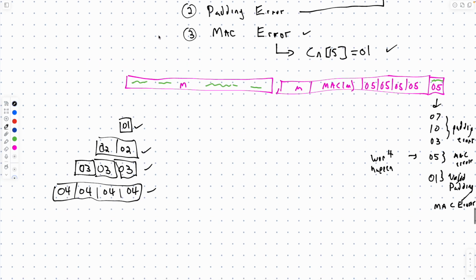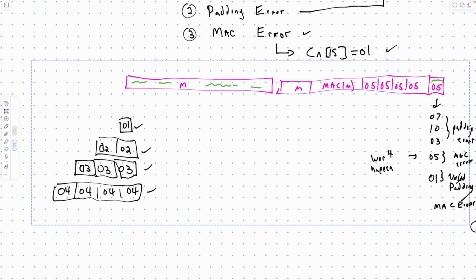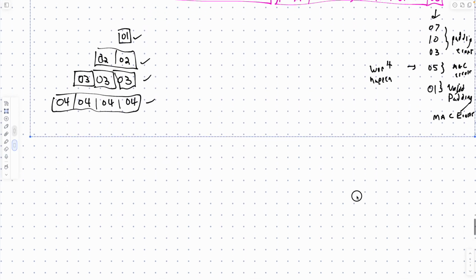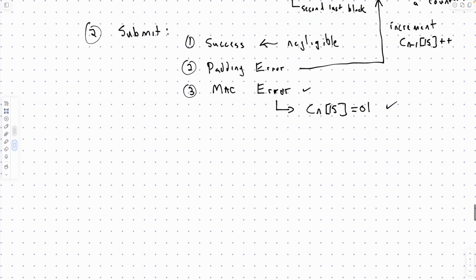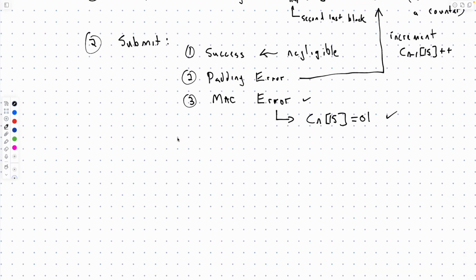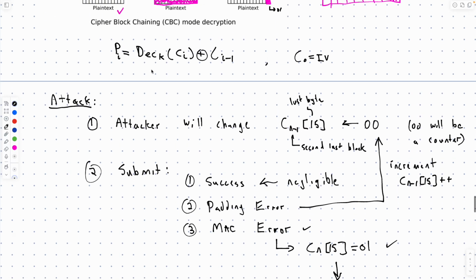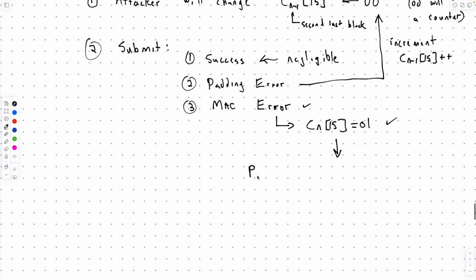Okay, so let's say that we have a MAC error. This is a little messy. The unmodified ciphertext, using this equation here: P_i is the decryption of C_i XORed with C_{i-1}.